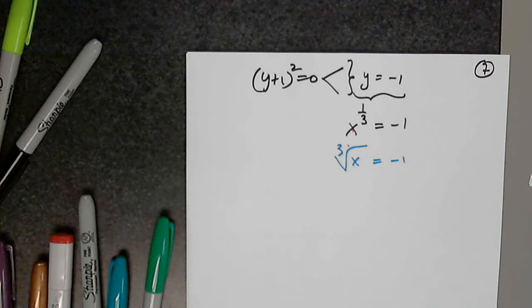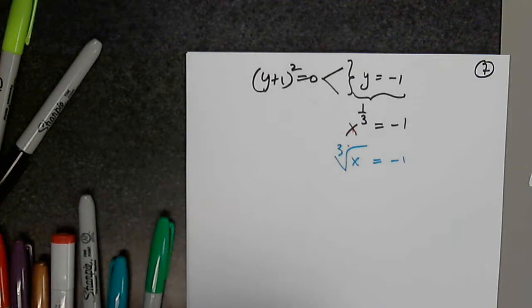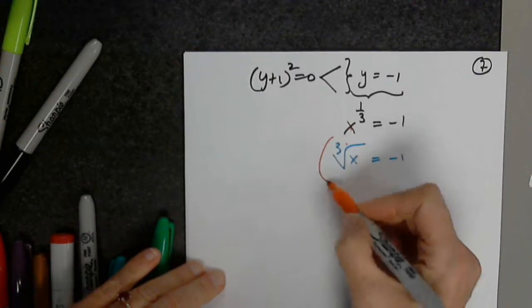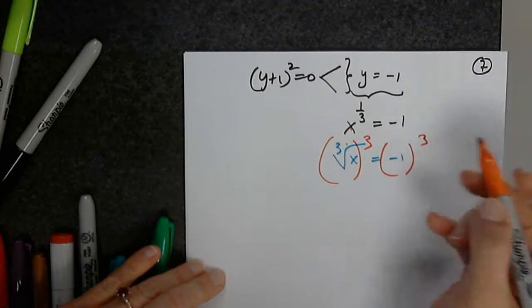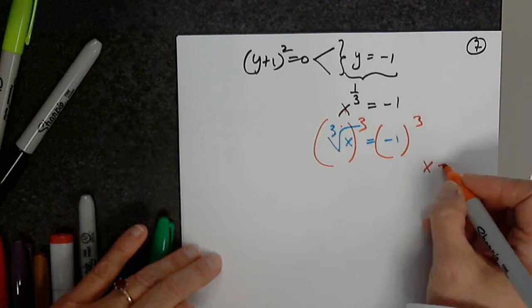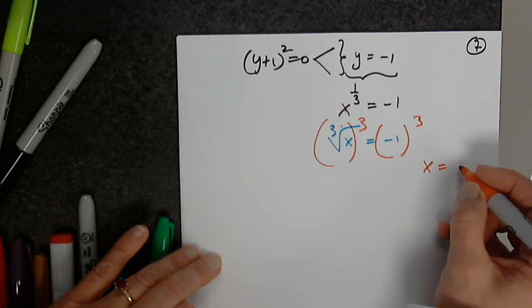The index tells me what to do because I need to get rid of the index or the root. What should I do? Careful. Raise both sides to, exactly. The left-hand side is x, the right-hand side is negative 1.